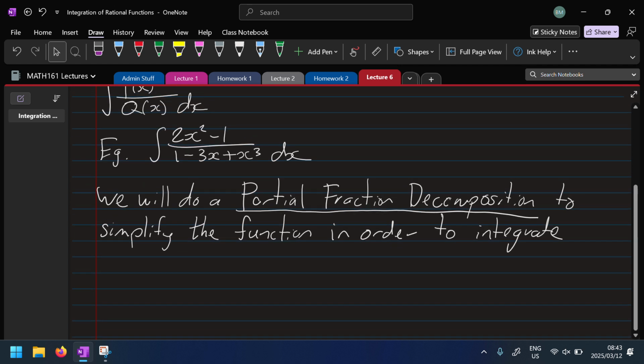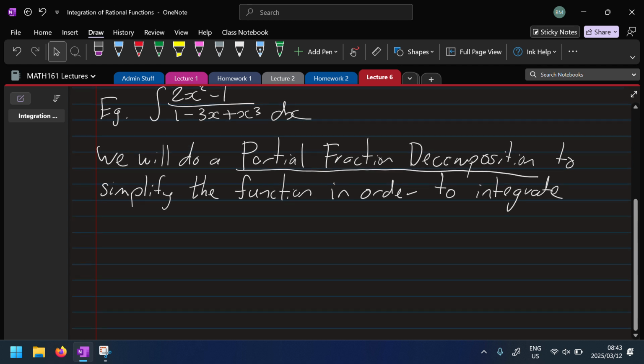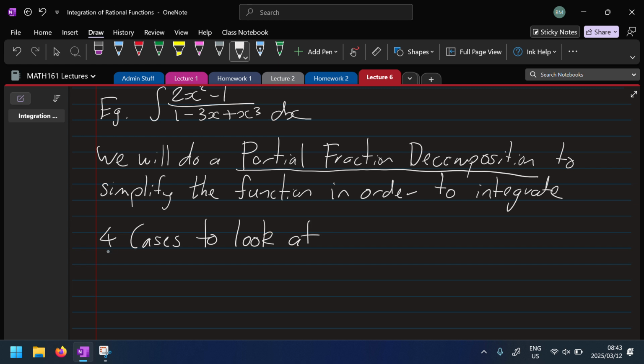The way we do this is in 4 cases. Depending on what rational function you're given, we can use one of these 4 cases to simplify.